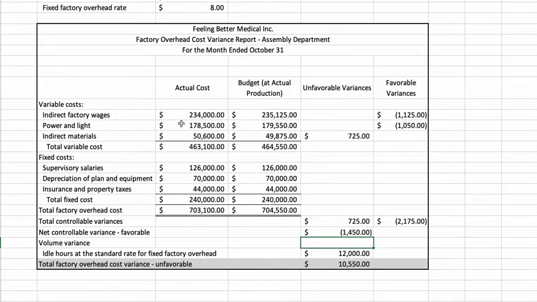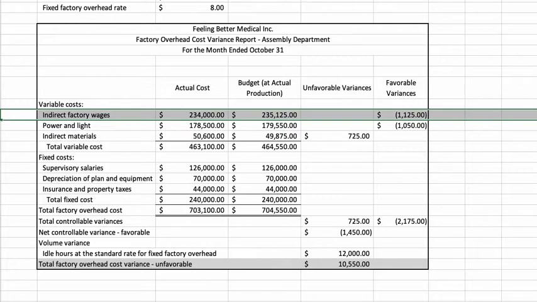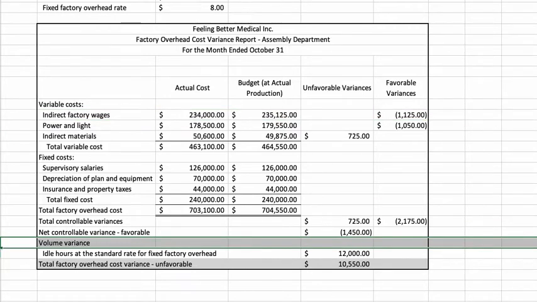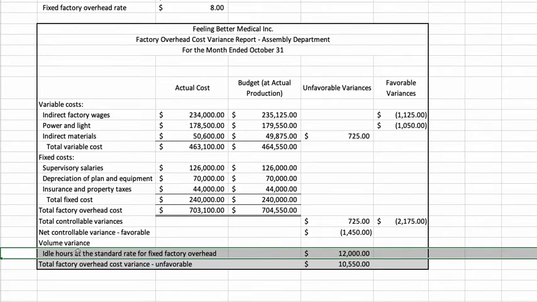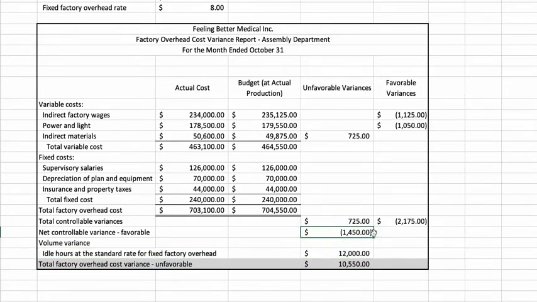So we've calculated the controllable variance, and we've looked at each individual line item. We've also looked at the volume variance, which is our idle hours. Now when I sum these two numbers, the favorable $1,450 and the unfavorable $12,000, it gives me a total factory overhead cost variance of $10,550, which is unfavorable.